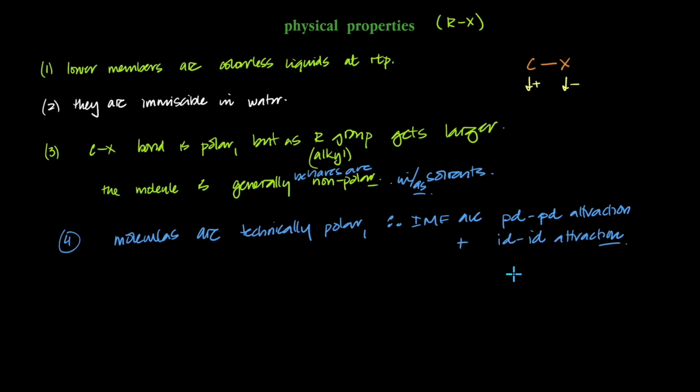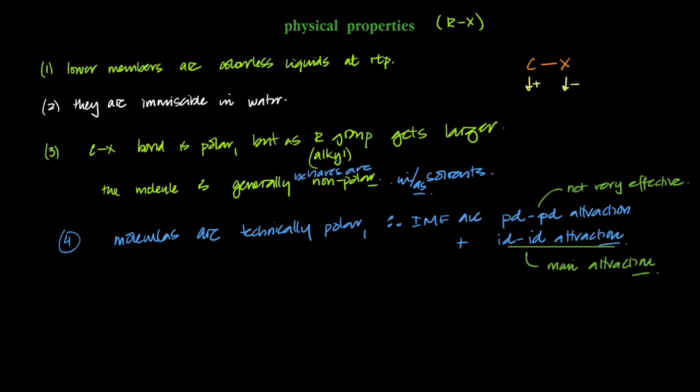But the main attraction is still the induced dipole. PD is not very effective, and the induced dipole is your main attraction for this molecule. It might look polar to you, but it's such a large molecule that the polarity decreases and doesn't really come into play too much.